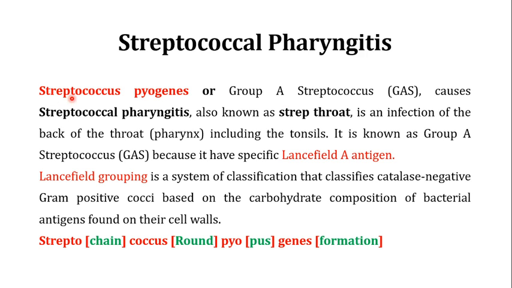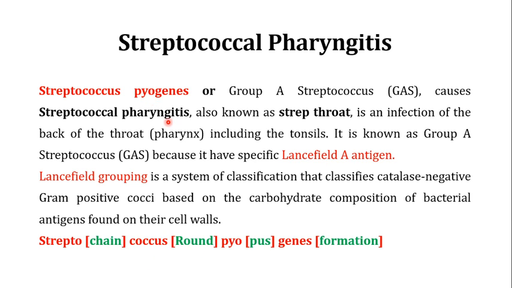Now, if you split the complete name of Streptococcus pyogenes, that is going to give you some information about its pathogenicity. Now this strepto actually means chain, and coccus means round. This means that these bacteria are going to make round chains.